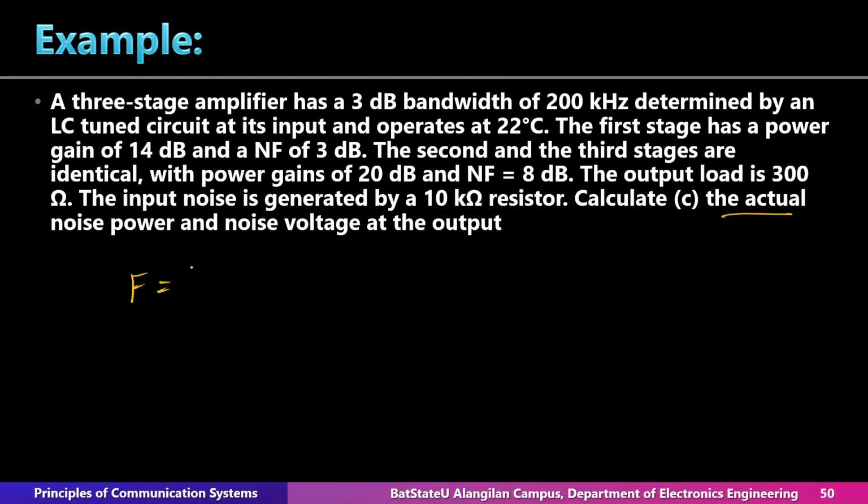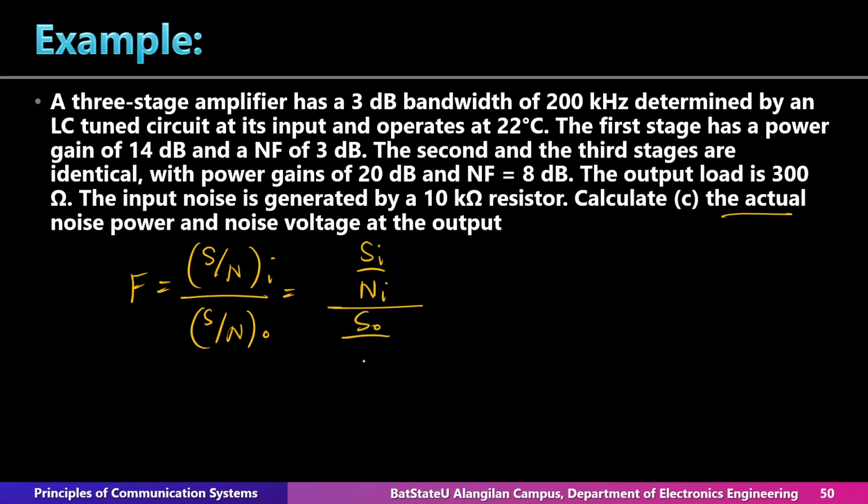Ang overall noise factor equal yan sa signal to noise ratio ng input divided by signal to noise ratio ng output. Okay? Gawin natin ha. Signal sa input divided by noise sa input over signal ng output over noise ng output. Pwede natin yung isimplify.